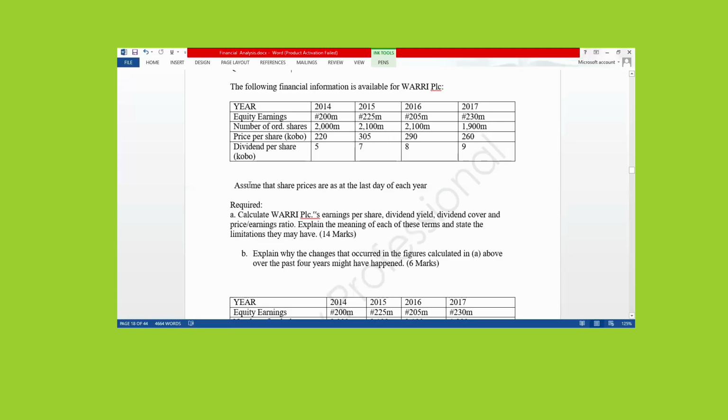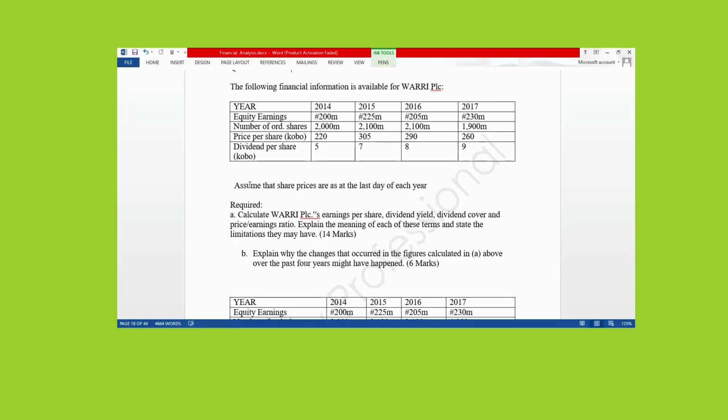And explain the meaning of each of these terms and state the limitations they may have. 14 marks. This question was tested by ICAN at the professional level.